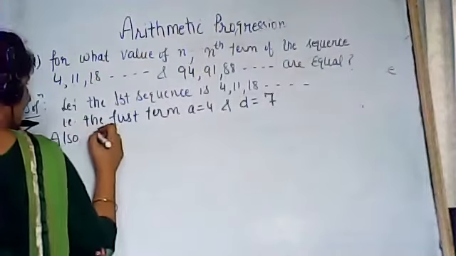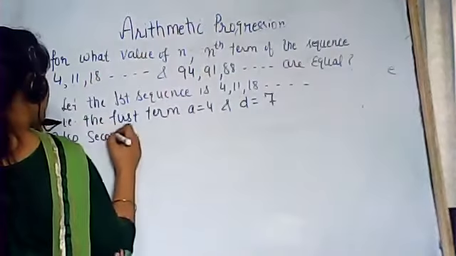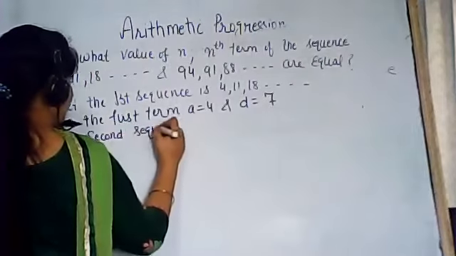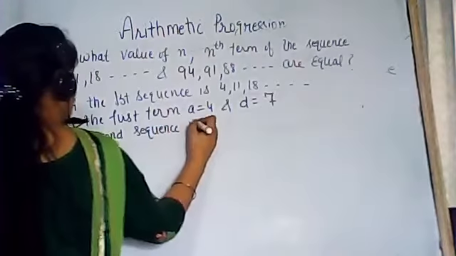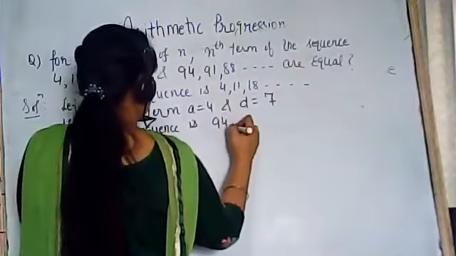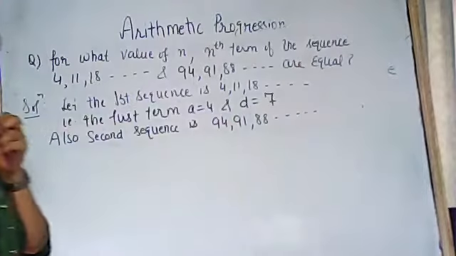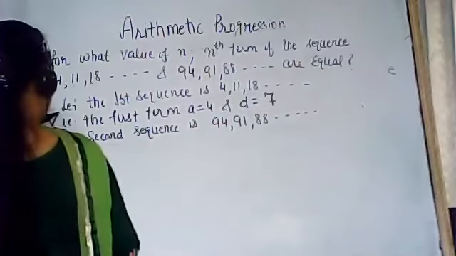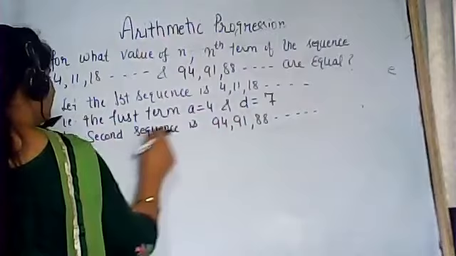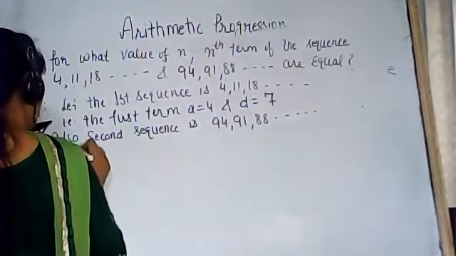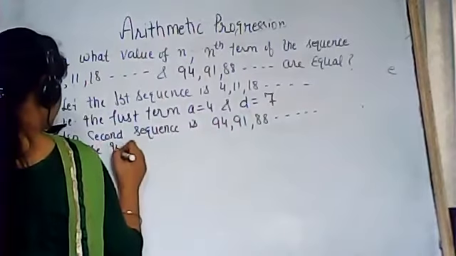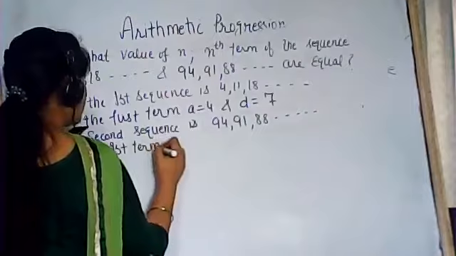Also, the second sequence is 94, 91, 88 up to so on. Also, we have given a second sequence whose first term, what is its first term?